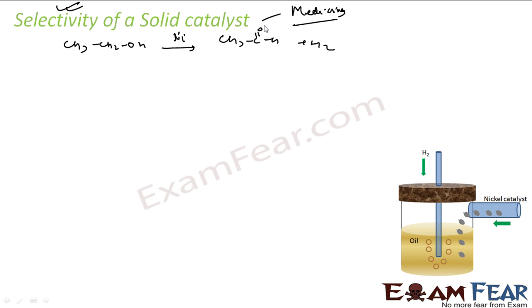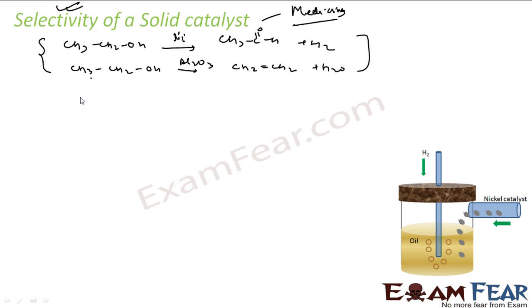The same ethyl alcohol, when you react in the presence of Al2O3, you get ethene and water. So if you see, the input was the same, but the catalyst made a difference.